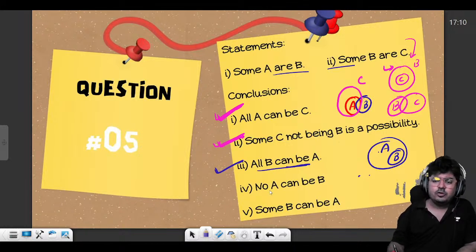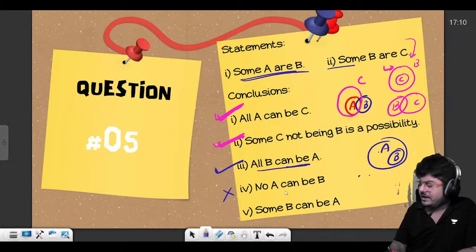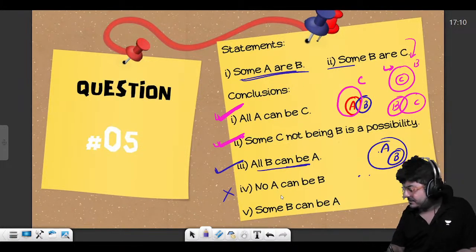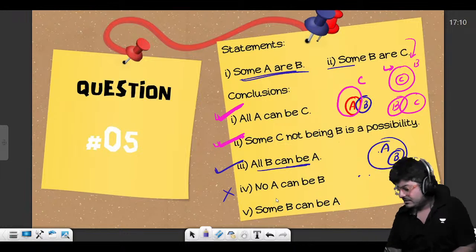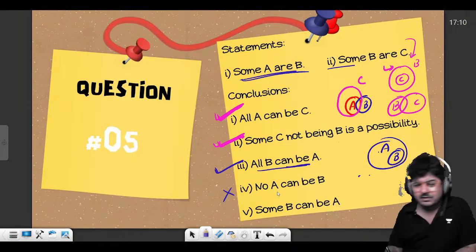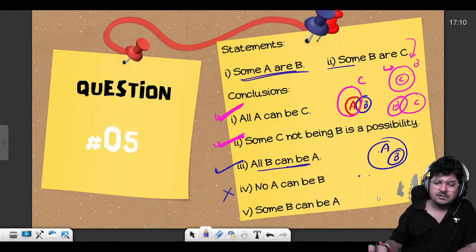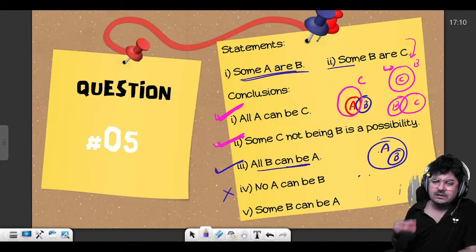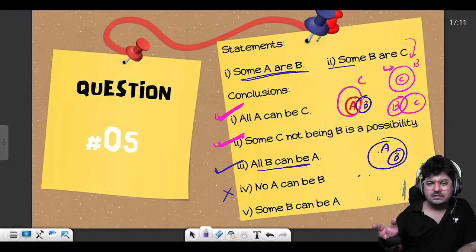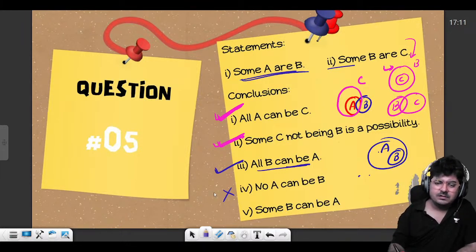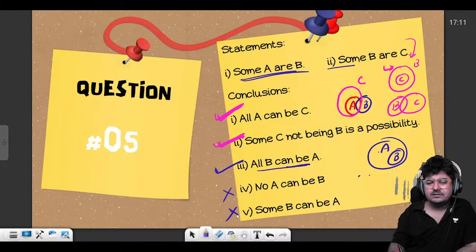Okay. And fourth, no A can be B. That is false. This is the opposite of the statement. Some A are B and they are saying no A can be B. So fourth is incorrect. And last, some B can be A. False, because this is also against the statement.